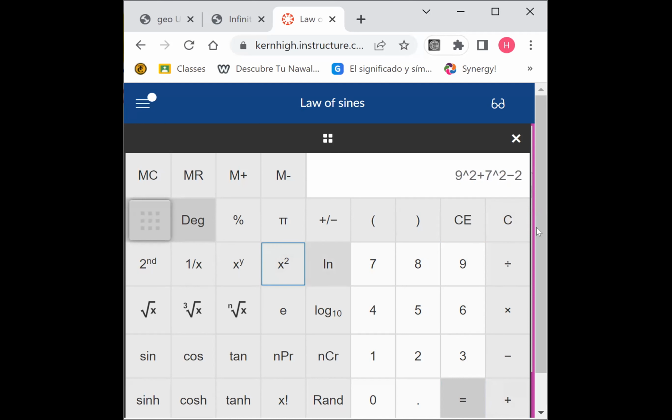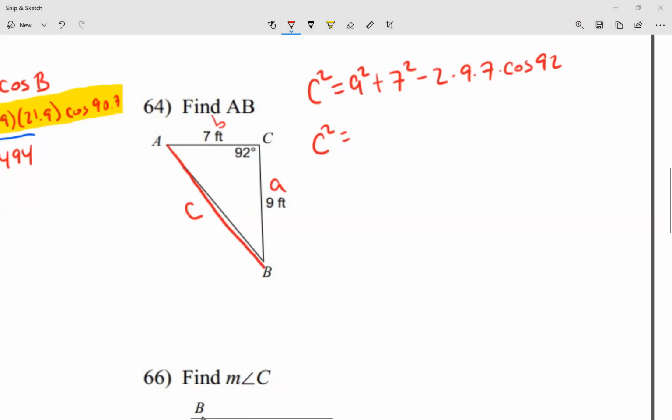9 squared plus 7 squared minus 2 times 9 times 7. Oops. Times cosine of 92. So I get C squared. Let me come back to the work here. C squared is 134.3973.